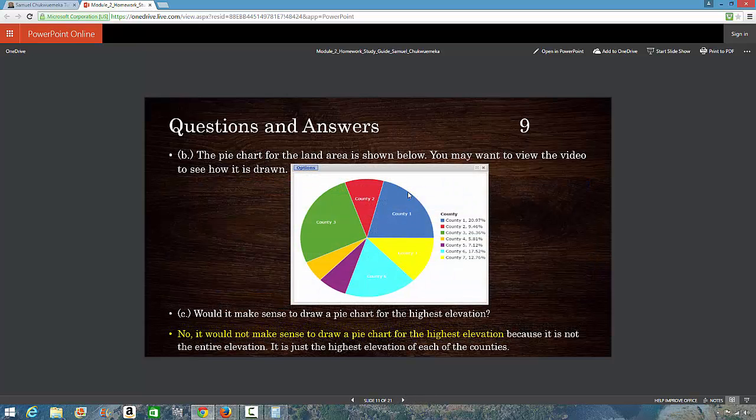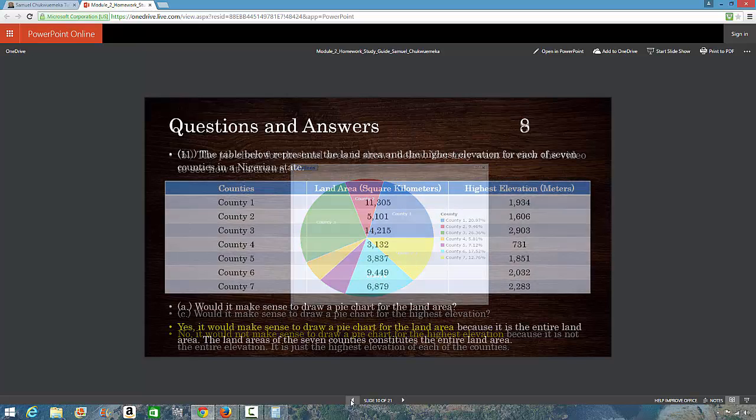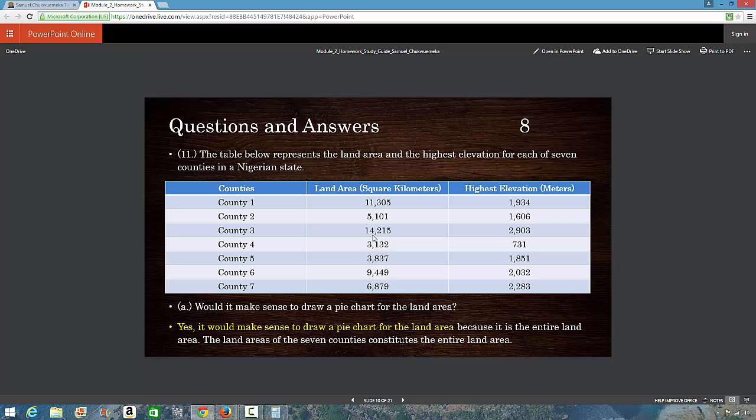Let us go ahead and draw this pie chart right away for the land area. I'm going to show you how to do it on StatCrunch, but I'm going to write it out on my paper, so that you can also do it.